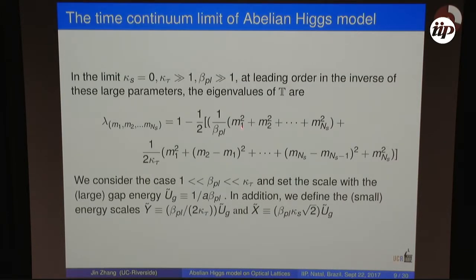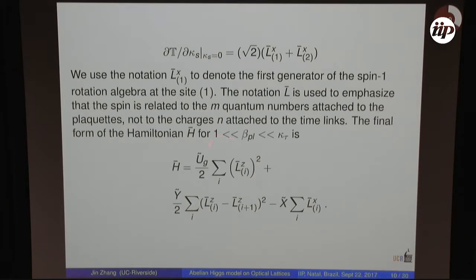In the following, we only keep m equals 1, 0, minus 1, the three states. But if we keep more, for example, 2, 1, 0, minus 1, minus 2, this condition will be suppressed.